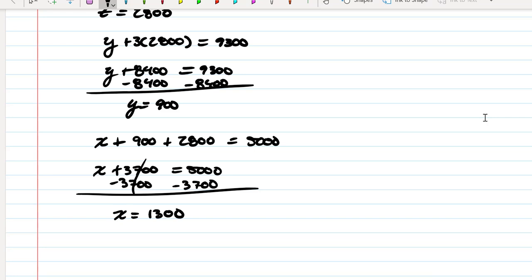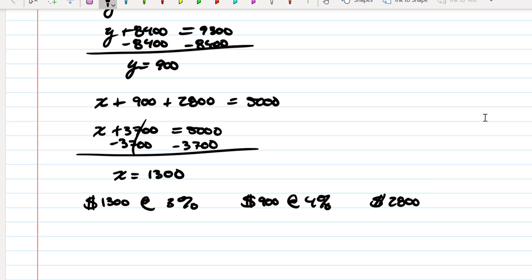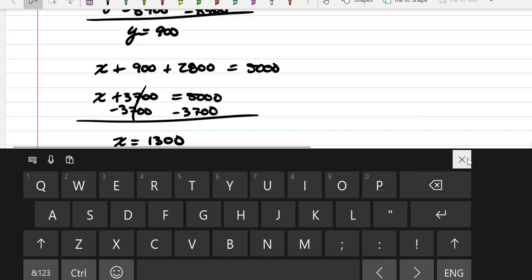So then, that would tell us that there is 1,300 invested at x, which was 3%, our y was 4%, so 900 at 4%, and then our last value is 2,800 at 6%. And that would be the amount invested in each account.